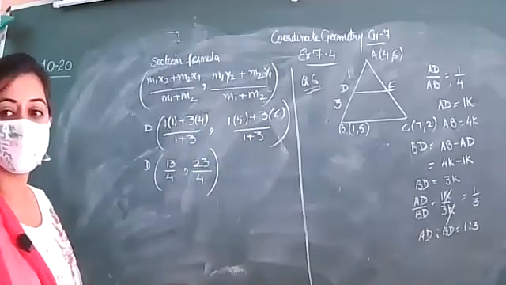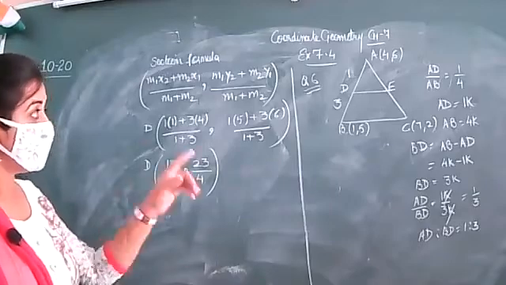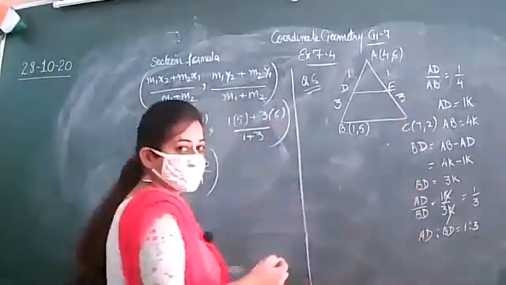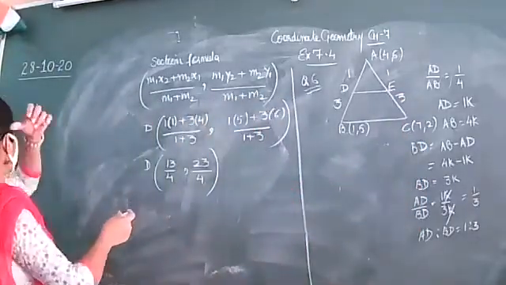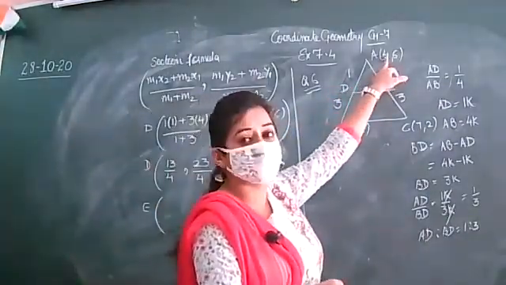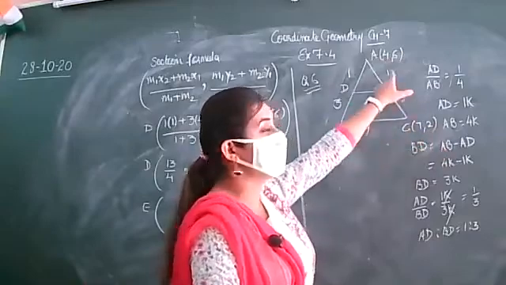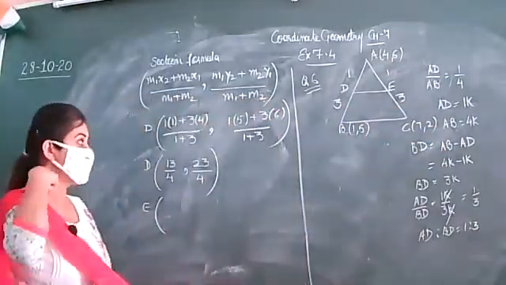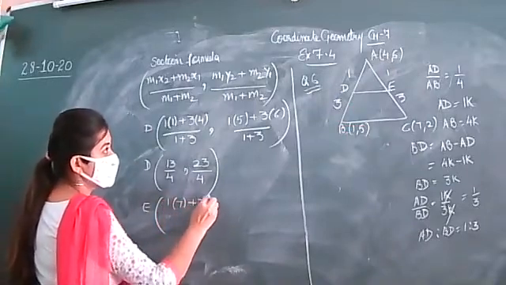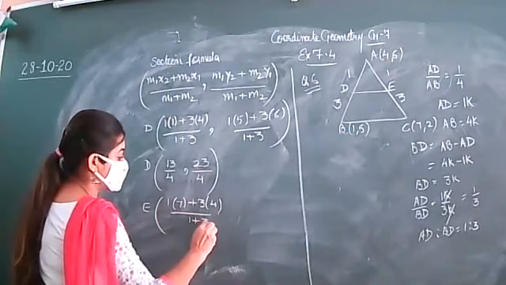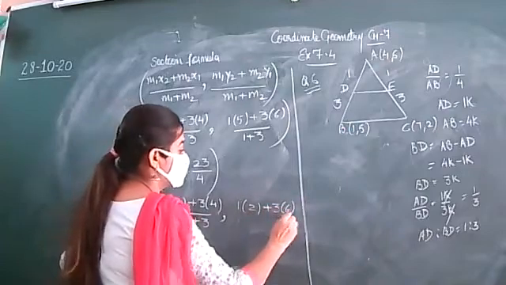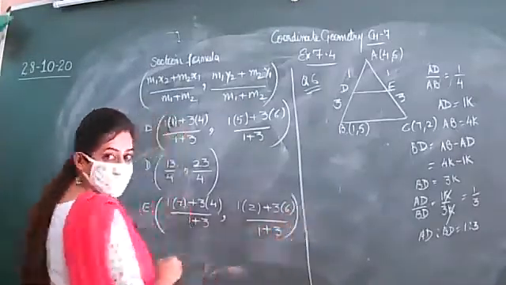In a similar way, we can get the coordinates of E by using the same section formula with the ratio 1:3. Now in this case, this is your x1, y1, this is your x2, y2, and the ratio m1 to m2 is the same, that is 1:3. So I'm writing 1 into 7 plus 3 into 4 upon 1 plus 3, and the next is 1 into 2 plus 3 into 6 upon 1 plus 3.